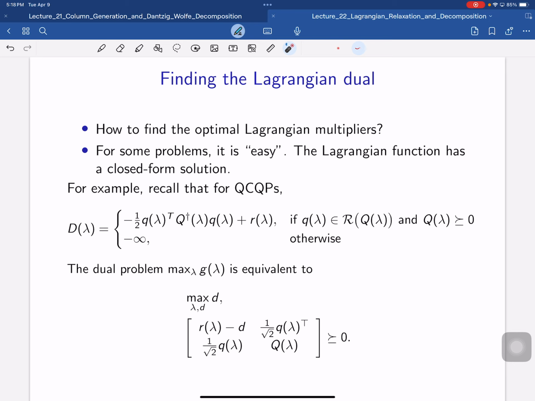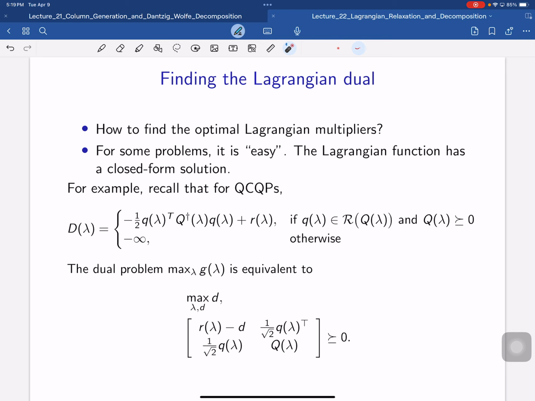It has a closed form solution. Basically, you can write out the Lagrangian dual function d of lambda in closed form, and you can derive that for the QCQP using some basic linear algebra. And then we showed that the dual problem is equivalent to an SDP from the S-lemma. That's what we showed before.